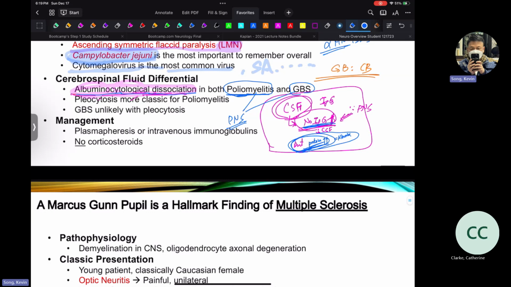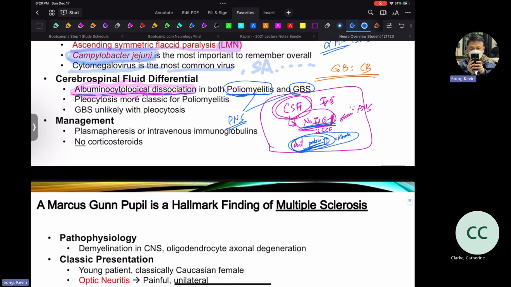CSF is only for the CNS. If you look at the CNS, there is no immunoglobulin coming in, because there is nothing like a CNS problem. But if you look at the protein, because it is an inflammatory, infectious process, the body will try to make cells, not antibodies, but cells.